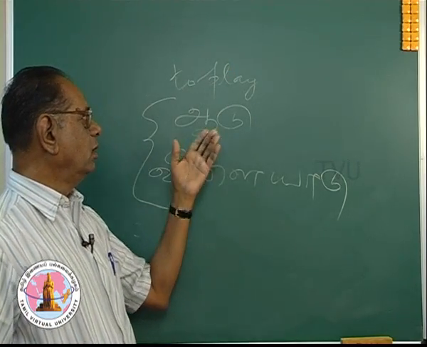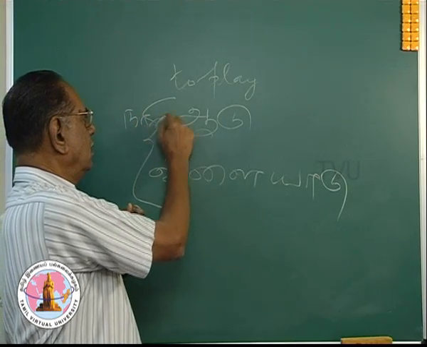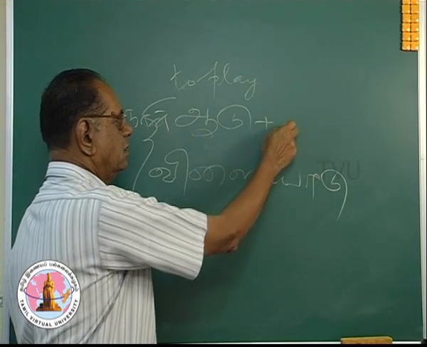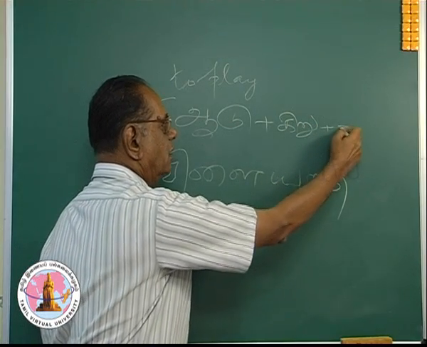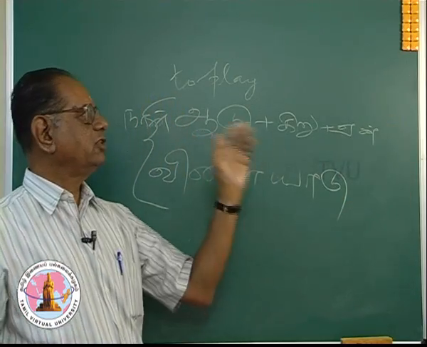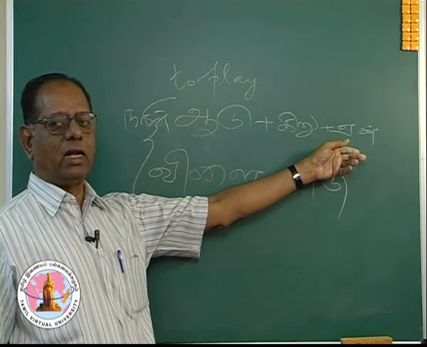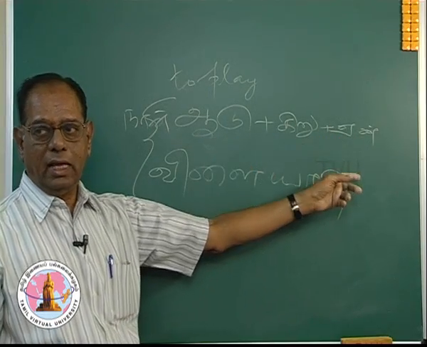So, if நான் is the subject, it takes கிறு for the present tense and ஏன் for person, the first person singular personal marker. ஆடு கிறு ஏன், ஆடுகிறேன்.